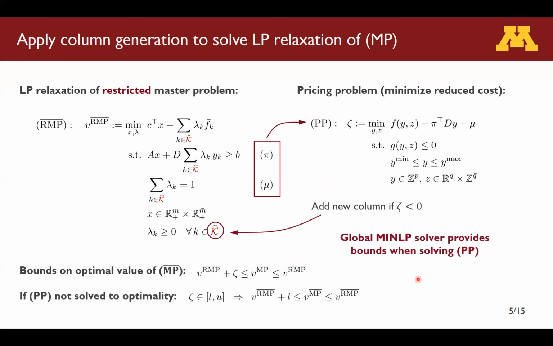The nice thing here is that if we solve the pricing problem with a global MINLP solver, then that will also provide rigorous bounds on zeta without solving to optimality. So without solving to optimality, you can still obtain valid bounds that drive the algorithm, and maybe only in the end we need to solve it to optimality to prove convergence.